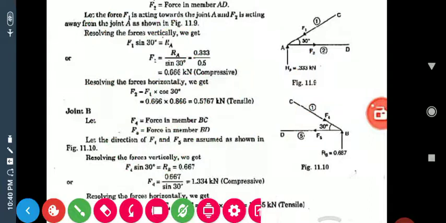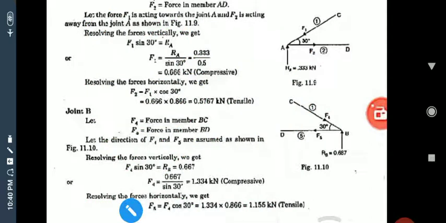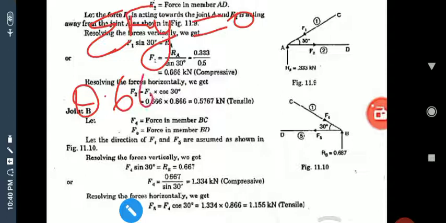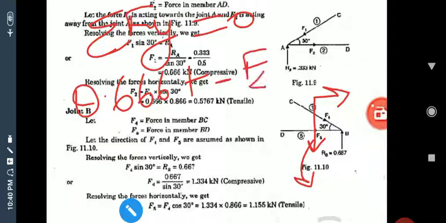So what is the condition of Fy equal to 0? At joint B, summation of Fy equal to 0 means RB is acting upwards, so let's consider upward positive again here. 0.666 plus, this F4 has two components, one in this and another in this direction. This component is acting along negative y, so we will take it as minus F4 sine 30 degrees, equal to 0.